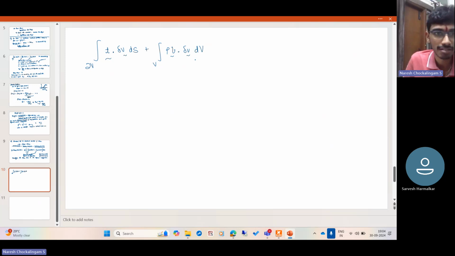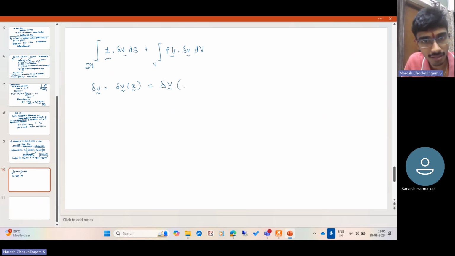So how to transform this? Suppose this is a spatial field. This velocity field is specified in terms of the spatial points, but this actually does not depend on the deformed configuration. So this is an arbitrary admissible virtual velocity field.